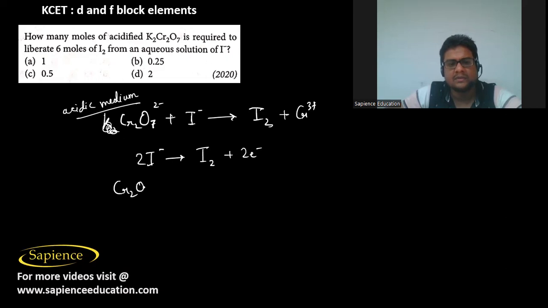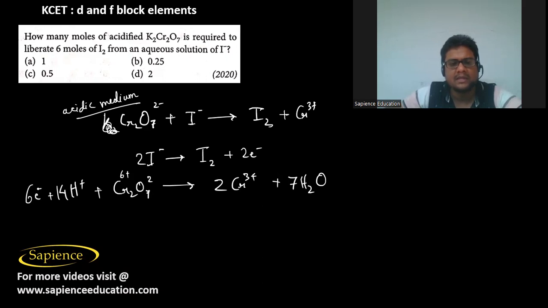Then Cr2O7 2- will form 2 Cr3+ ions, and here we have 7 oxygen atoms, so we have to add 7 H2O, and we have to add 14 H+ ions. Here chromium is in the 6+ oxidation state and there it is 3+, so it should gain 6 electrons to form 2 Cr3+.